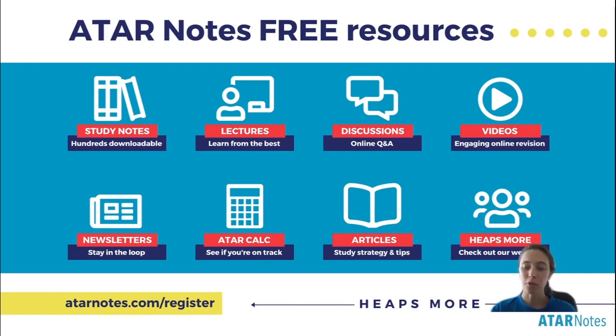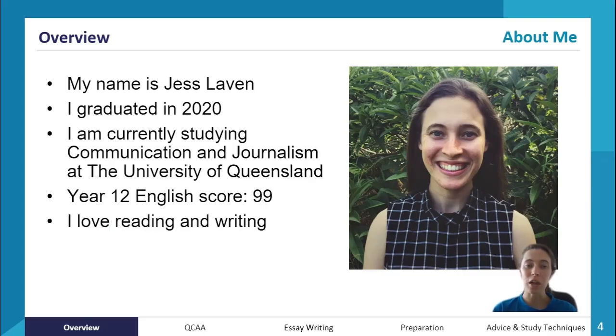So without further ado, let me introduce a little bit more about myself. As I mentioned, my name's Jess. I graduated back in 2020 and I'm currently studying communication and journalism at the University of Queensland. I'm in my third year of that 4-year dual degree. I got a year 12 English score of 99.